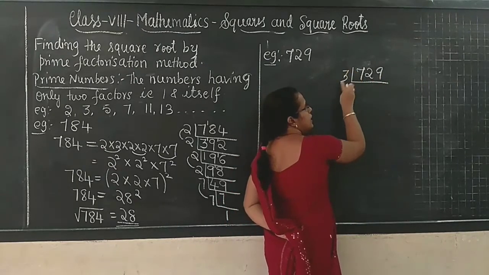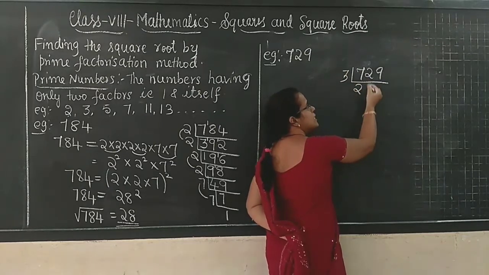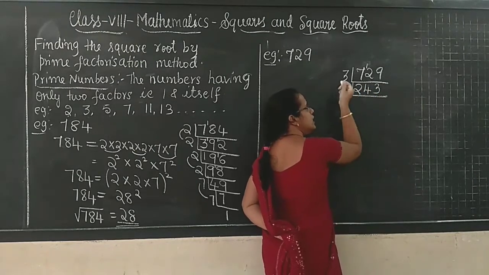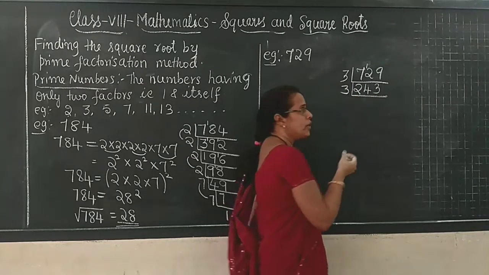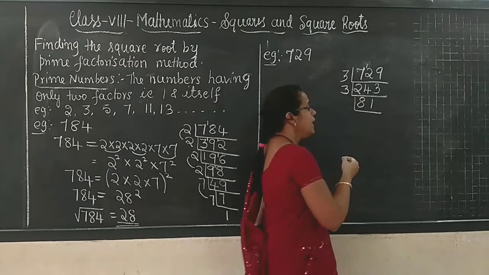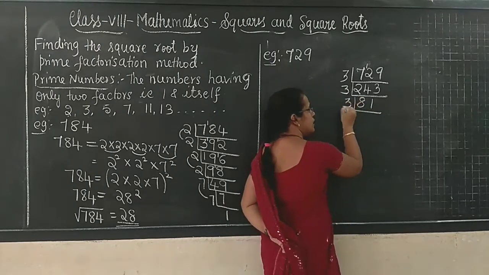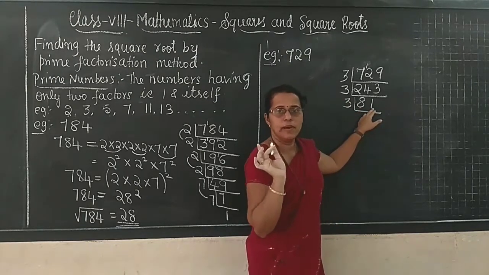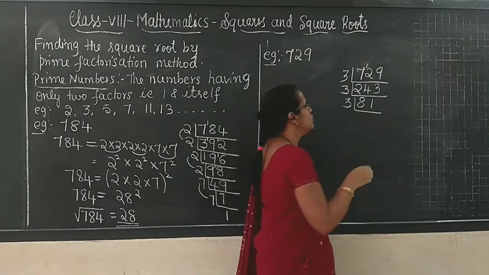So 3 table: 3 7s are 21, 3 2s are 6, 1 carry, 3 4s are 12, 3 3s are 9. Again you can use the 3 table. 3 8s are 24, 3 1s are 3. Again, 81 comes in the 3 table or not? Yes, because 8 plus 1 is 9, and 9 is divisible by 3.